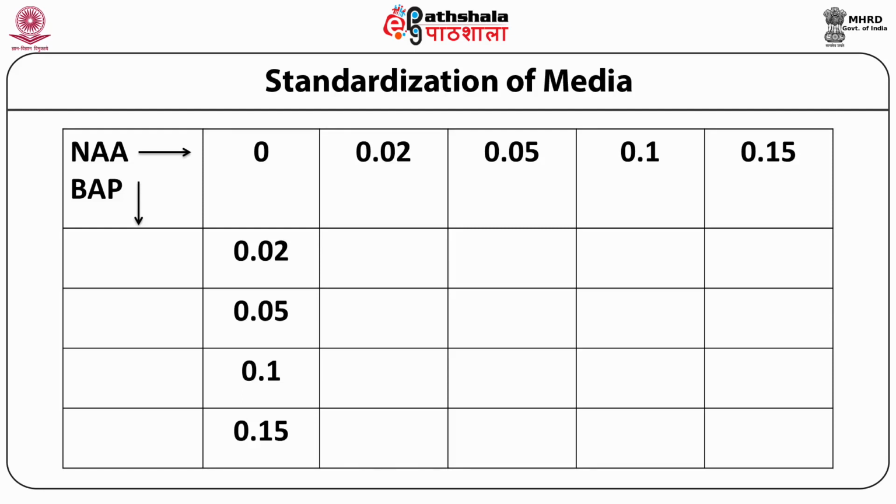The most commonly used cytokinin here is BAP and auxin is NAA. So you get a broad response, that is where a culture is responding, and then you fine tune it around it.